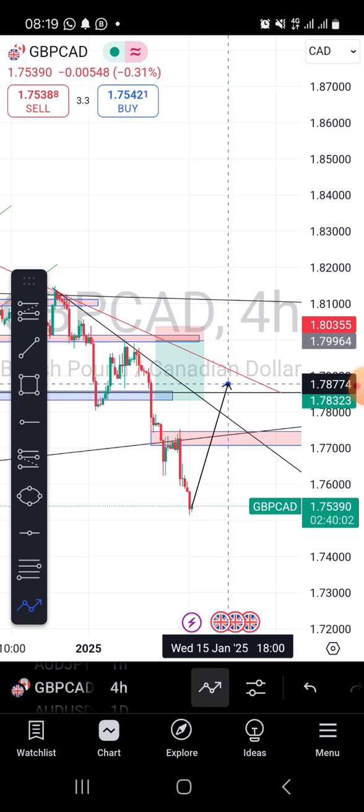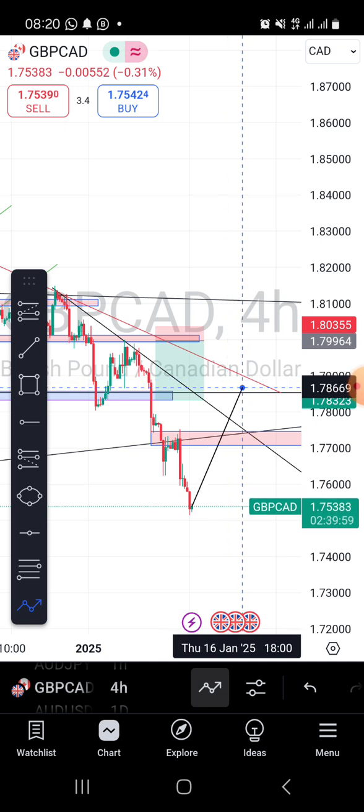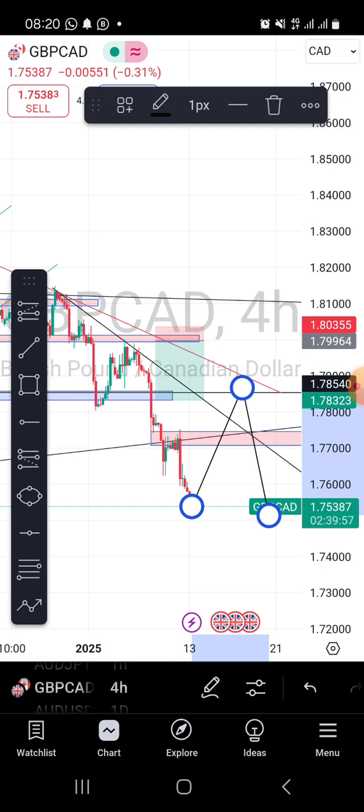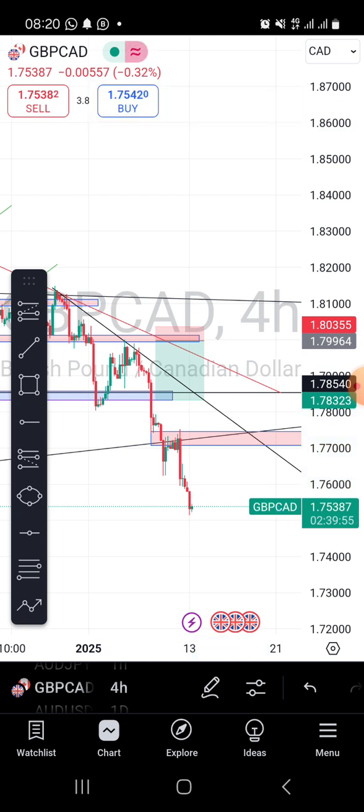So we should be expecting something around this area, then drop. So that is that about GBP CAD.